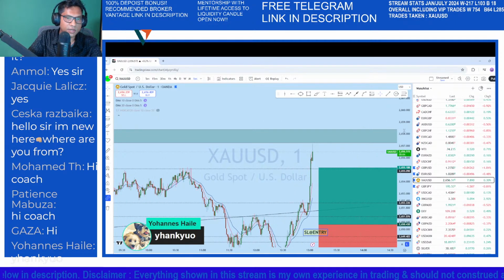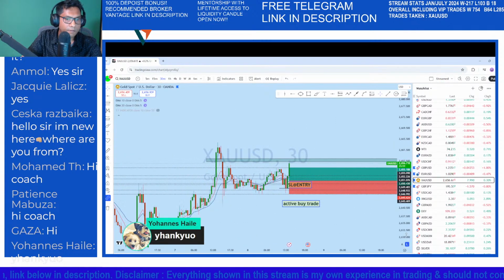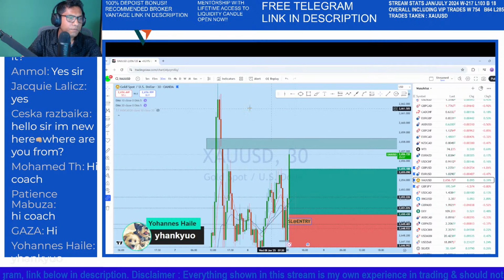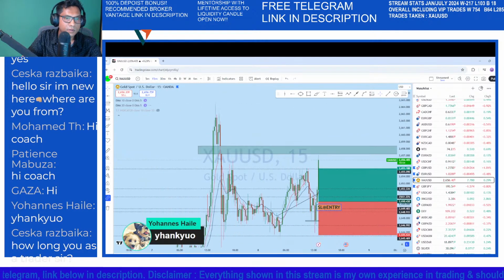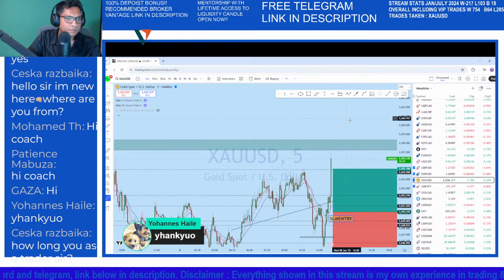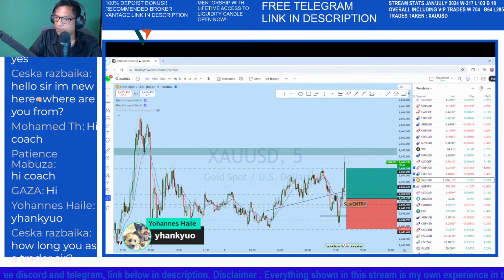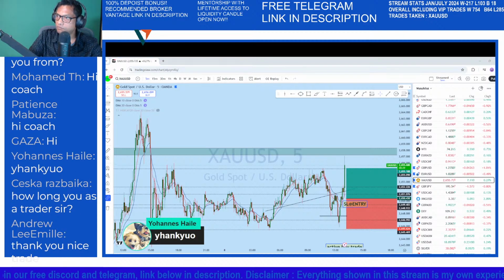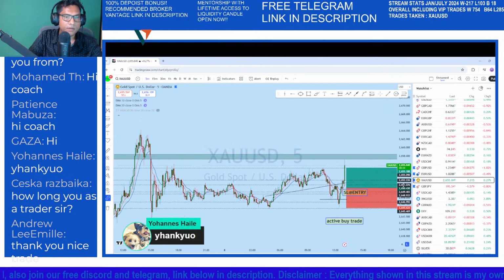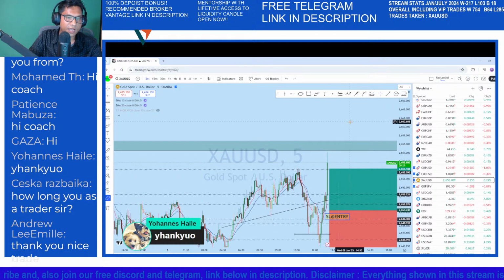Okay, let's look at that now. This is a very strong move here with stronger momentum, and it's approaching that gap level. With the spike coming up potentially in 10 minutes, I'm waiting for the spike.